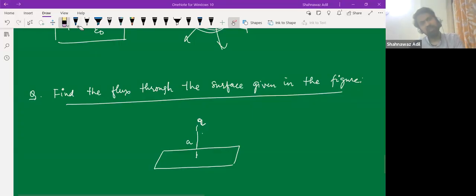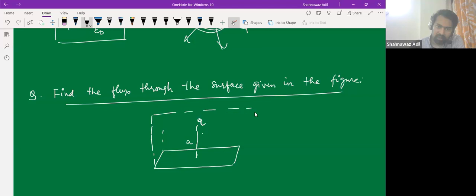Because if we make a cuboid, then the answer would not be simple. So what I will do is make the surface closed. I will make a surface which closes this one, right? So this will close this thing.